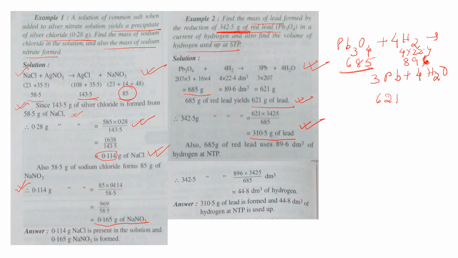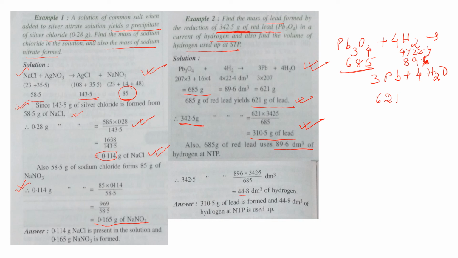That is 310.5, unitary method. Now 685 gram of red lead uses 89.6 decimeter cube of hydrogen at NTP or STP, you can write either. So 342.5 gram of red lead is using how much hydrogen? So it is 89.6 into 342.5 divided by 685.